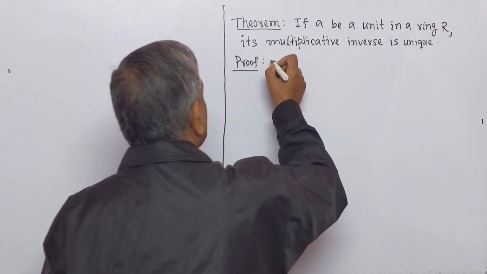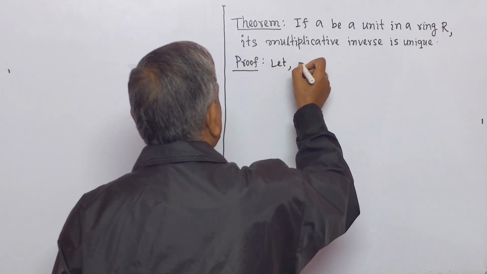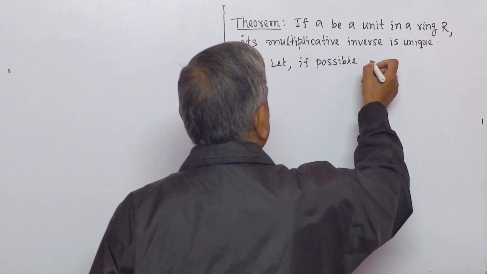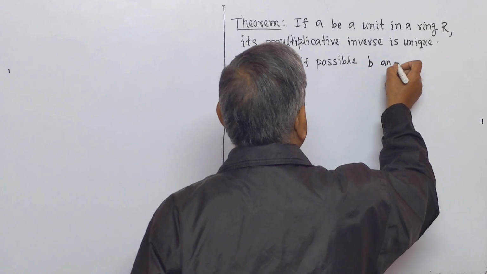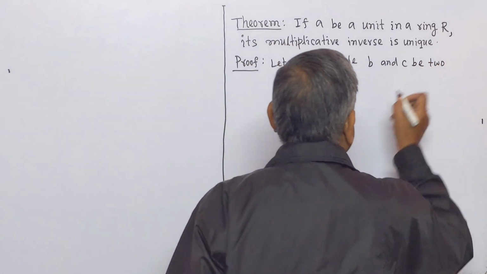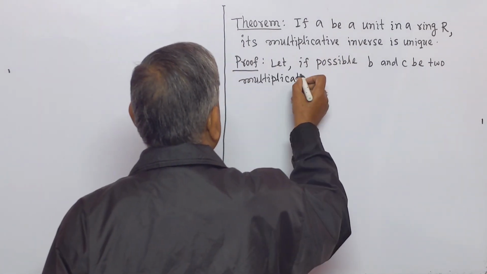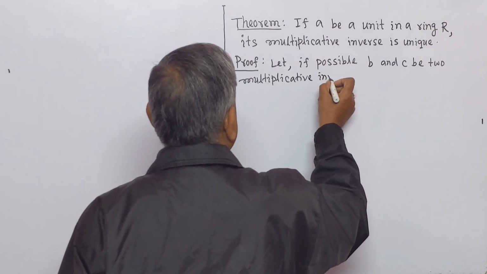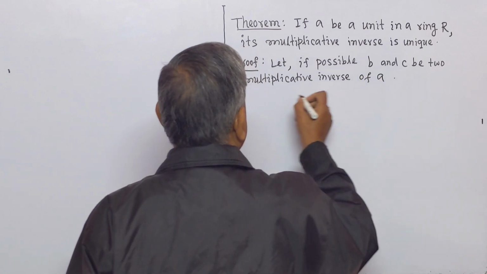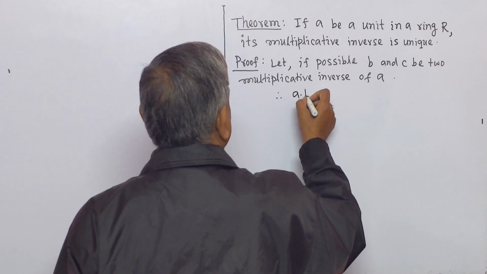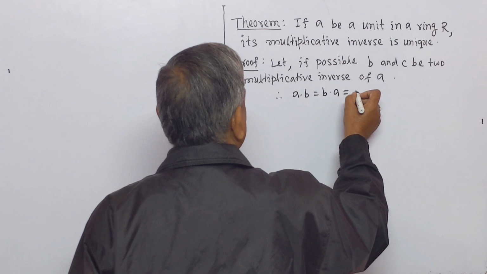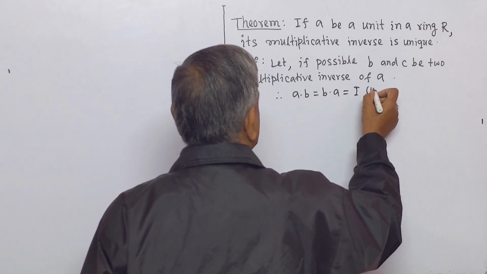Let, if possible, B and C be two multiplicative inverses of A. Therefore, A multiply B equal to B multiply A equal to I, unity.